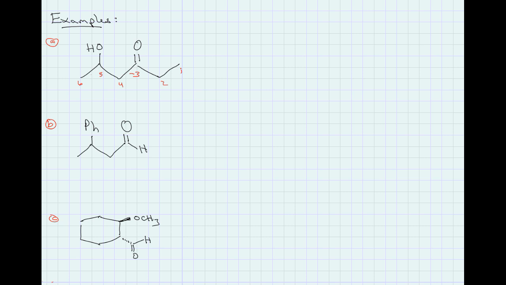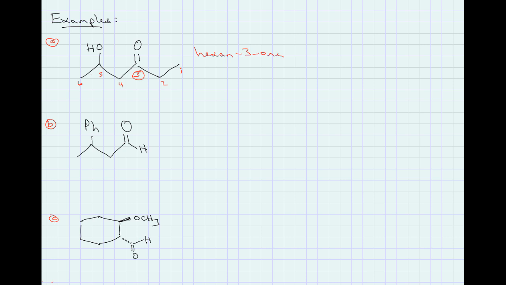So the ketone's going to take order of precedence. Since we have a 6 carbon chain, that would be a hexane, but since we have a ketone at carbon 3, that's going to be a 3-hexanone or hexane 3-one. So we'll call that hexane 3-one. That's the way I like to name them. I like to put the number before the suffix.